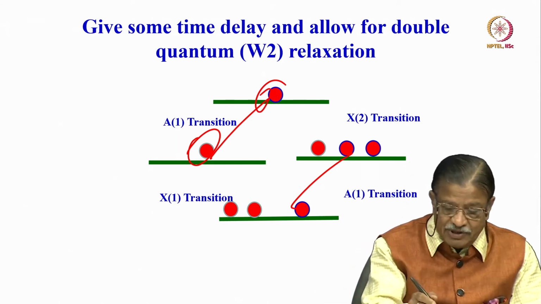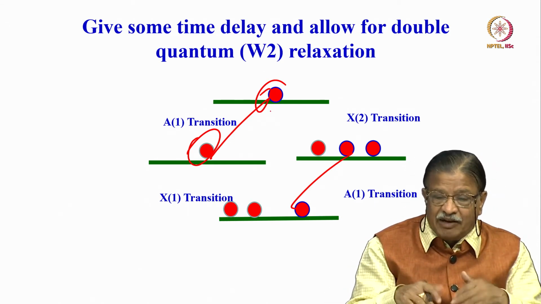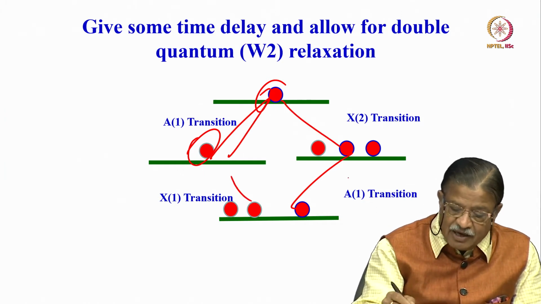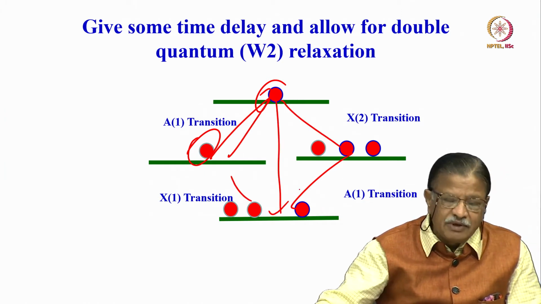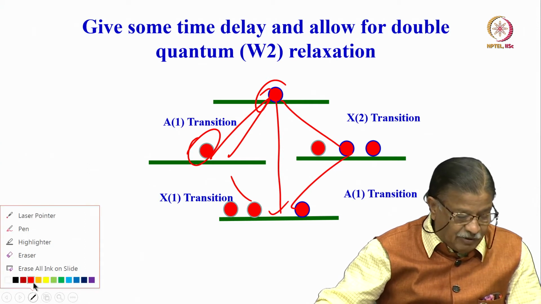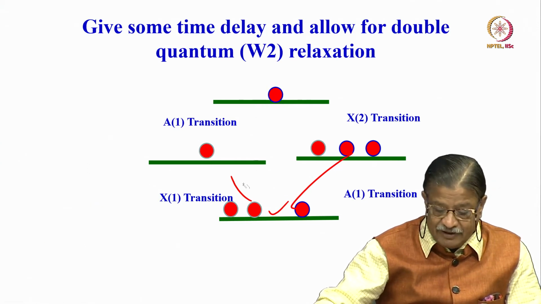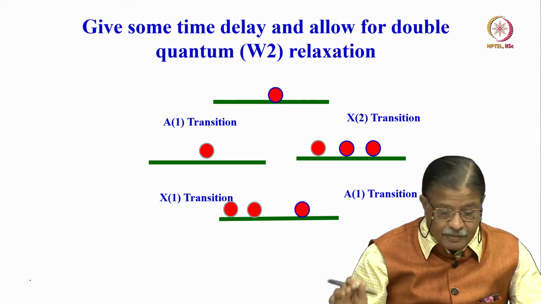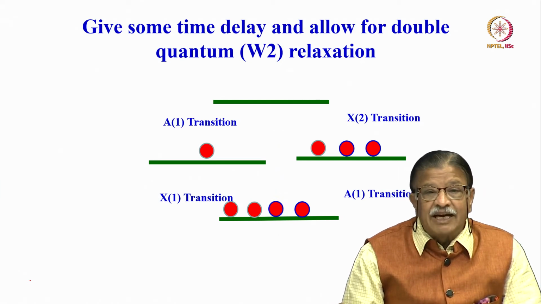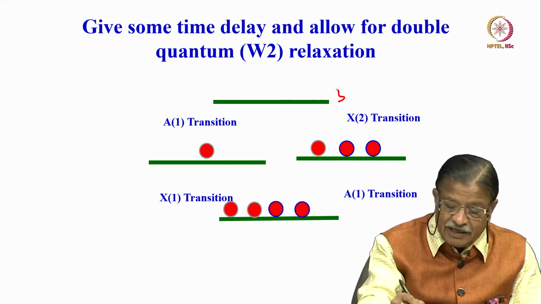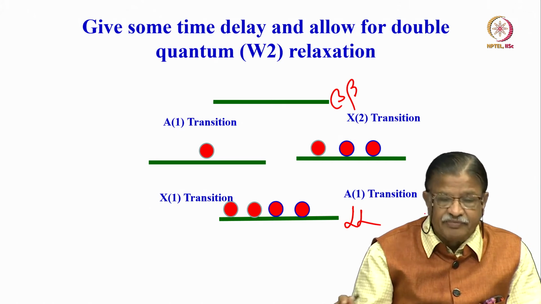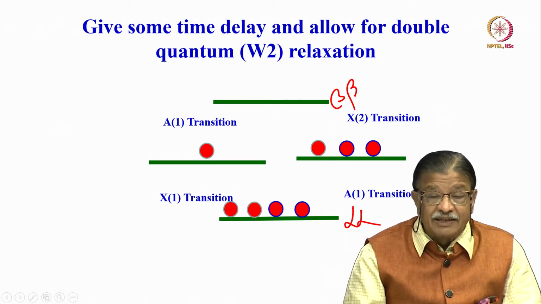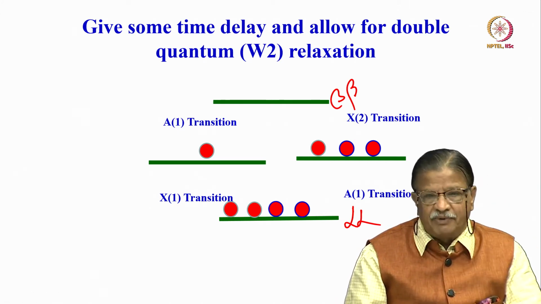By allowing the spins, instead of attaining thermal equilibrium by these pathways, why not we allow it to come down directly through double quantum pathway and see what is the change we are going to see. Okay, let us see that now. Now, spins will jump from beta beta state to alpha alpha state. It is a double quantum transition. It is relaxing through double quantum pathway.